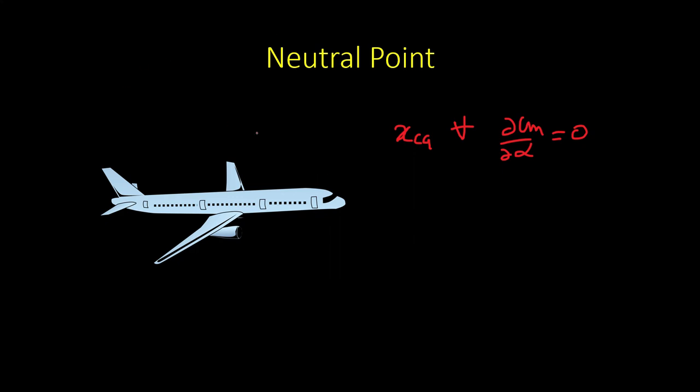So what this actually means is that if I move the CG of the aircraft and I reach a position of the CG such that Cm alpha curve should have 0 slope. So if the CG is lying at the neutral point, Cm alpha curve should be a horizontally straight line. It should neither be positively stable, nor negatively stable. So this is the neutral point.